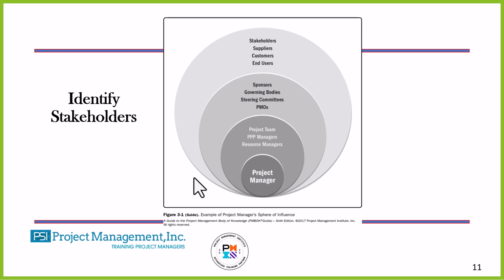You may have a project management office. If you have any of those situations, then that would certainly be a stakeholder. But then you have your stakeholders: suppliers, customers, and end users. And of course, all of these are the people that will be giving you requirements and using what you're going to be delivering. And we need to understand who those people are.